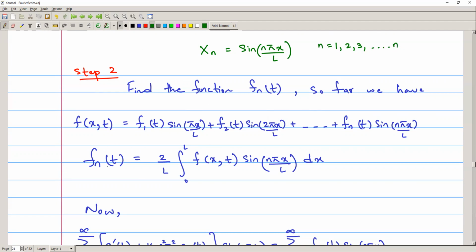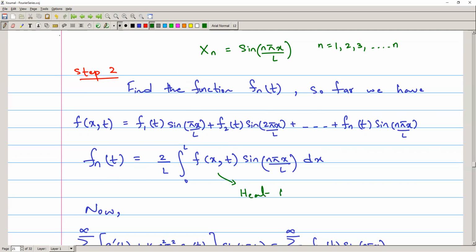So now to find fn of t, we are going to integrate the function of x comma t with sine n pi x over L using the Fourier series. So we will integrate this function, whatever the heat source is given. This is called heat source. We already discussed that earlier.